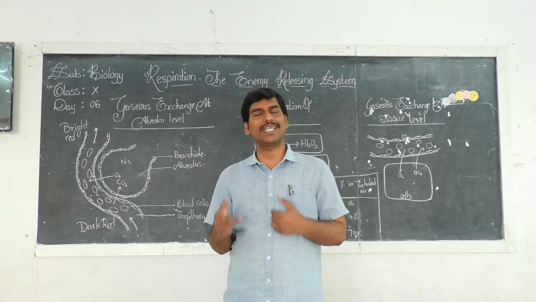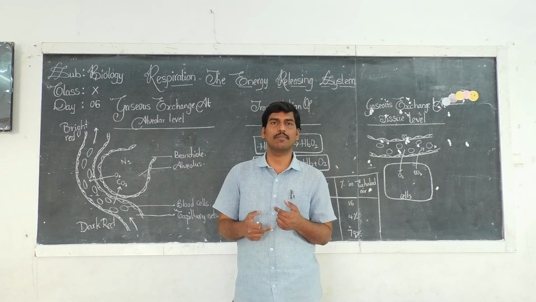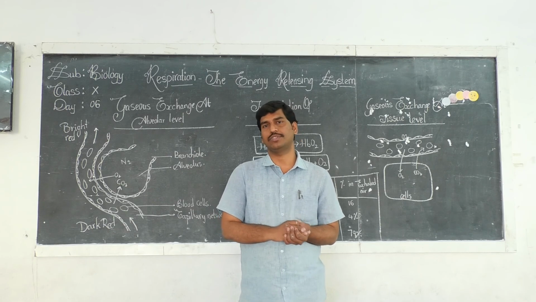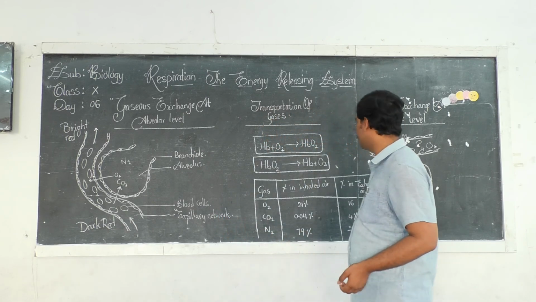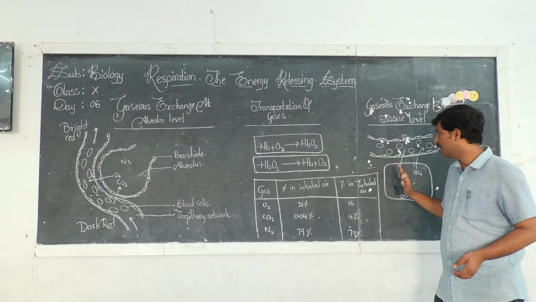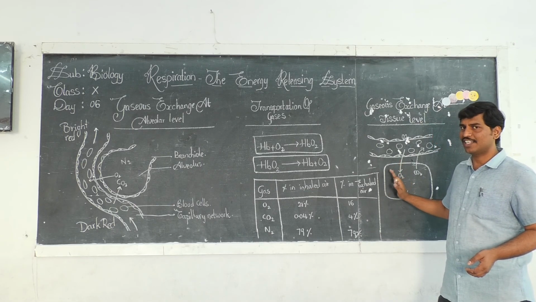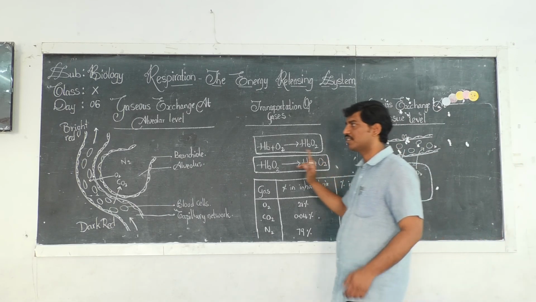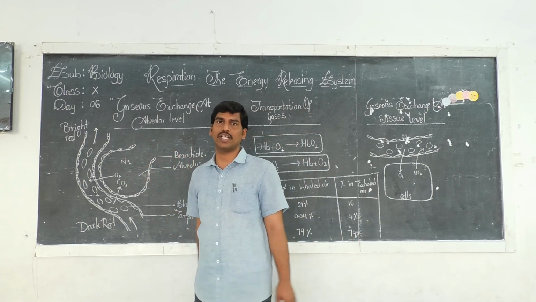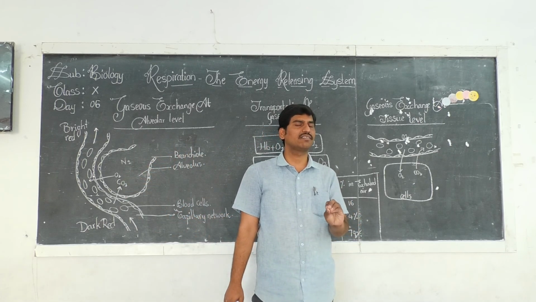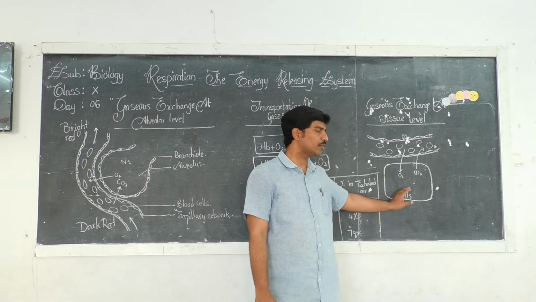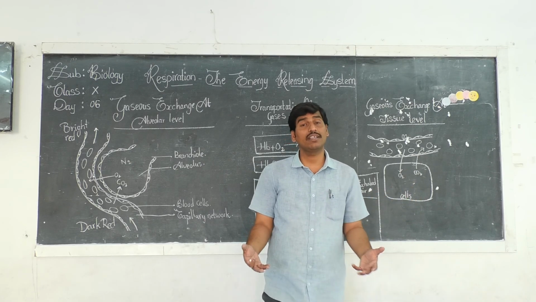Because of the metabolic activities taking place, the oxygen is being used, and the percentage of oxygen present in the cells or tissues will be one third of the oxygen present in the alveoli. That means a very little concentration of oxygen is present here. Why so little?